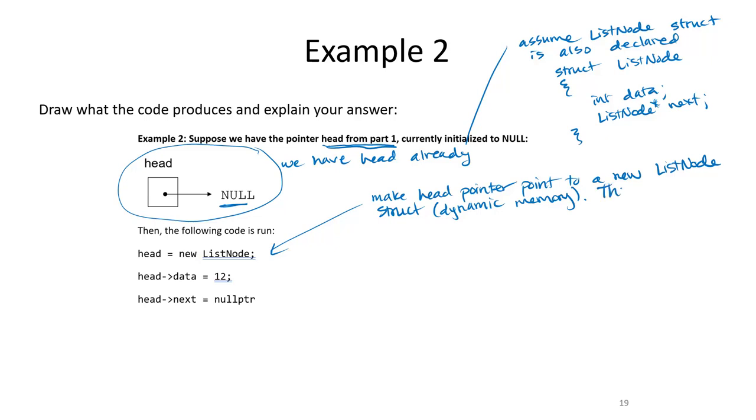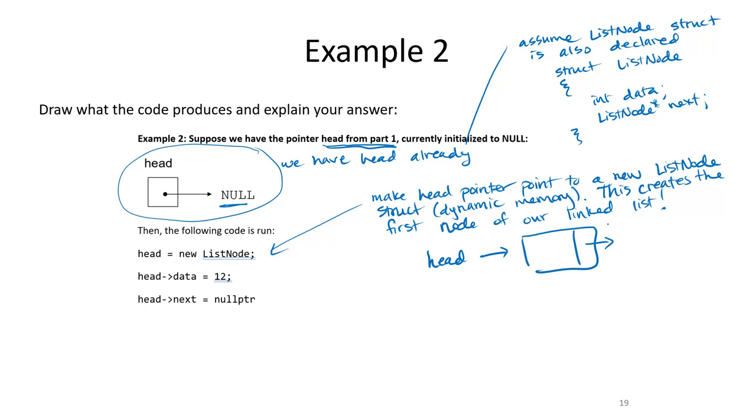This creates the first node of our linked list. So after that head equals new list node runs, now head points to a new list node struct with uninitialized values for data and next.